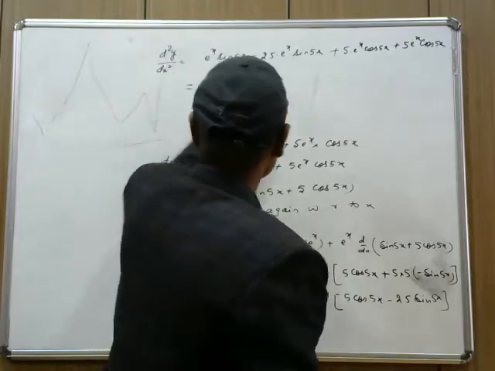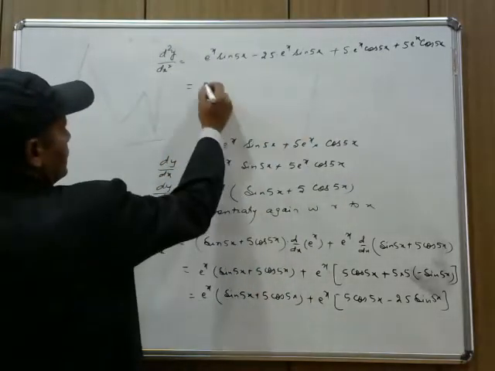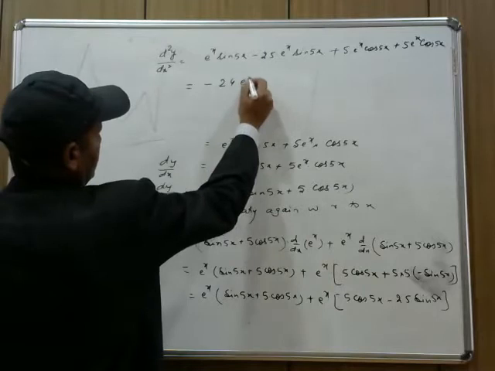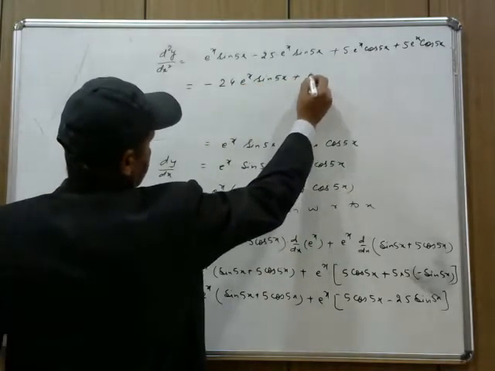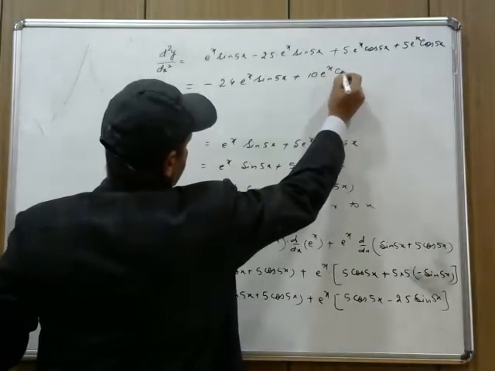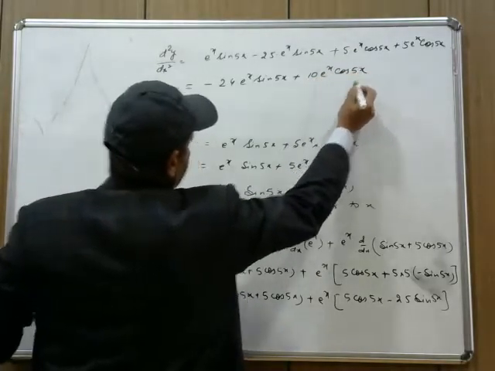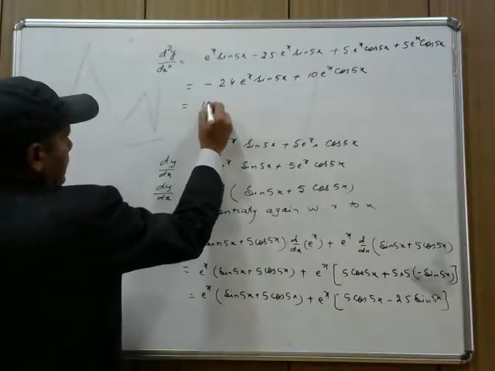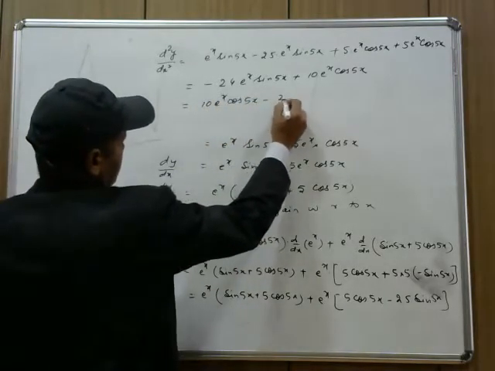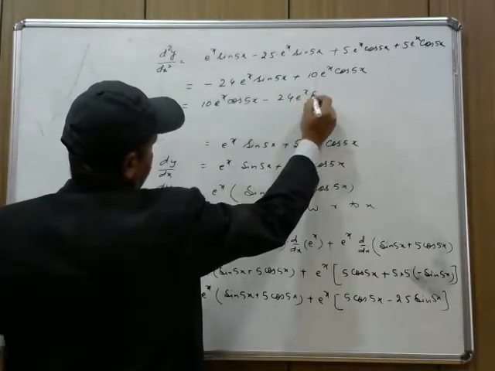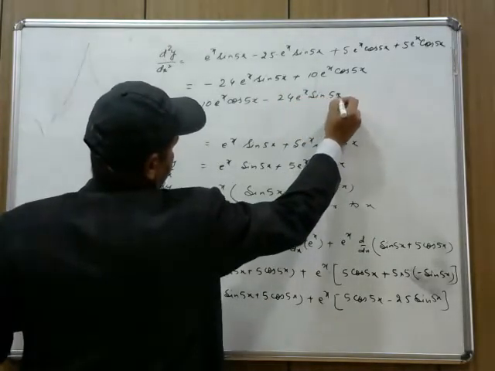Simply I'll subtract it now. Minus 24 e to the power x sin 5x plus 10 e to the power x cos 5x, or I'll write 10 e to the power x cos 5x minus 24 e to the power x sin 5x.